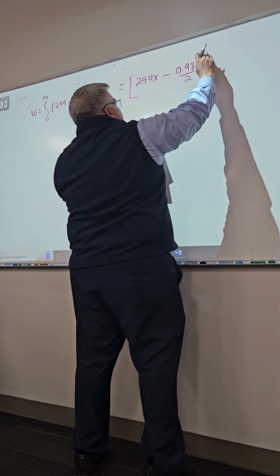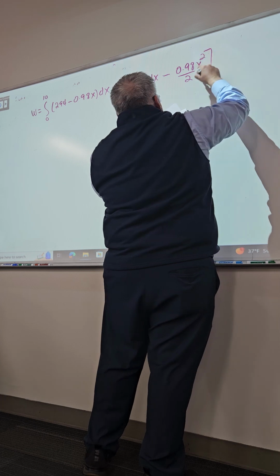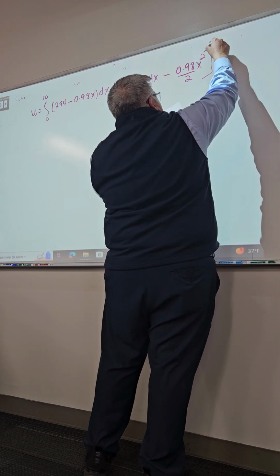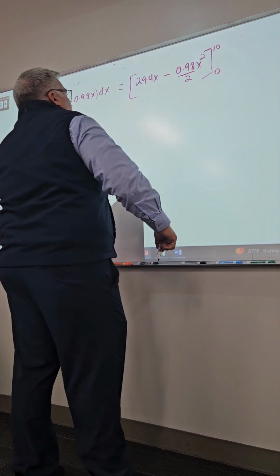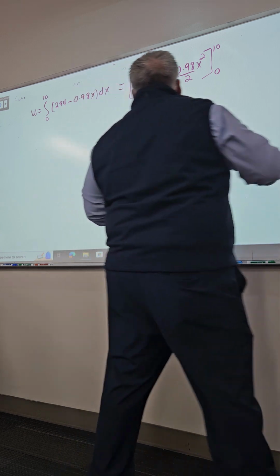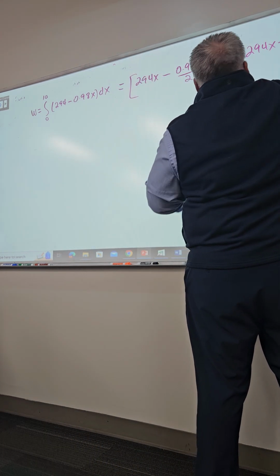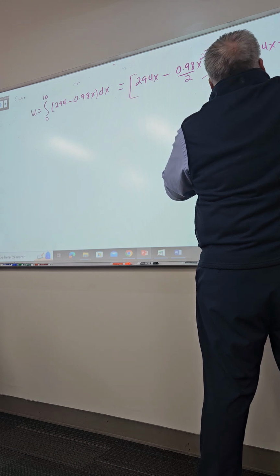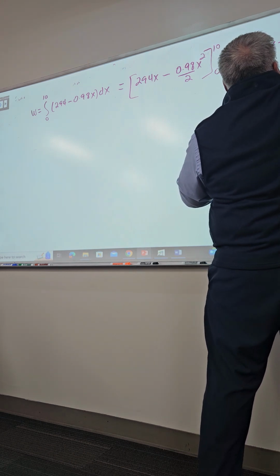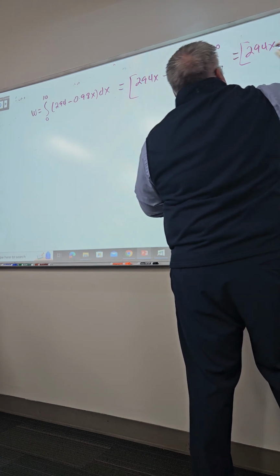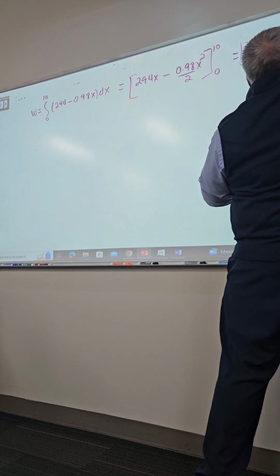And we're going to evaluate that from 0 to 10. If you divide 0.98 by 2, that's going to give you 294x minus 0.49x squared, from 0 to 10. That's an x squared, by the way.